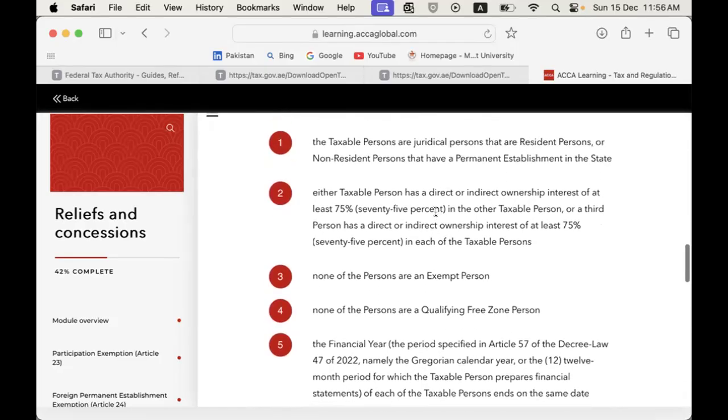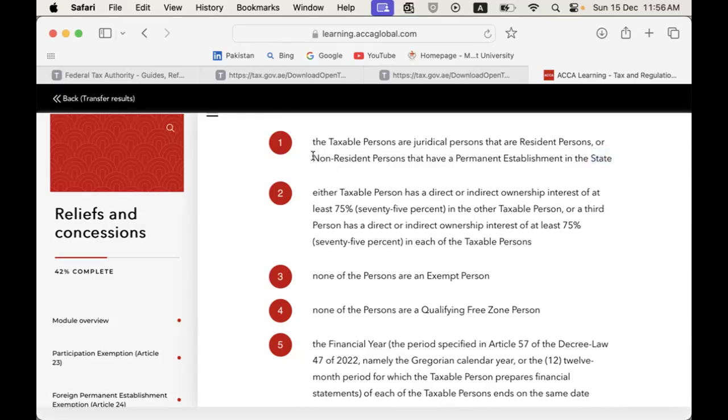Just one small question. When we say non-resident persons that have a permanent establishment in the state, here are we talking about the branch in the UAE, or the company who owns this branch in the UAE, which would be the foreign company? Yes, you are right, Abbas.